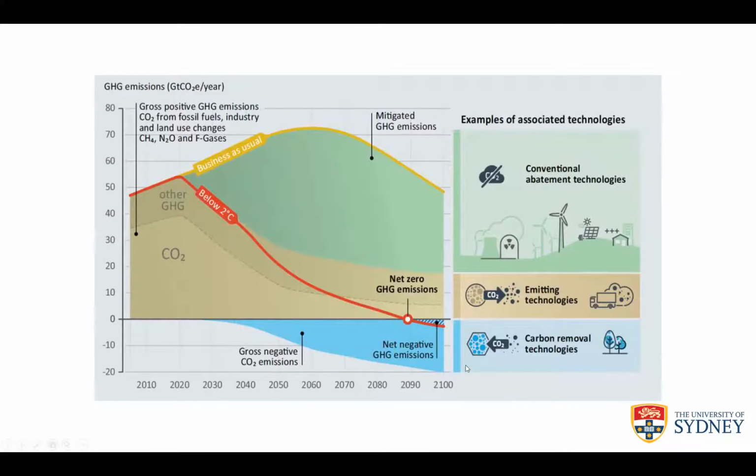This is what we call negative greenhouse gas emission, so that the greenhouse gas emission is not positive anymore, and it should be negative. To achieve this negative greenhouse gas emission, we need to have carbon removal technologies, right?